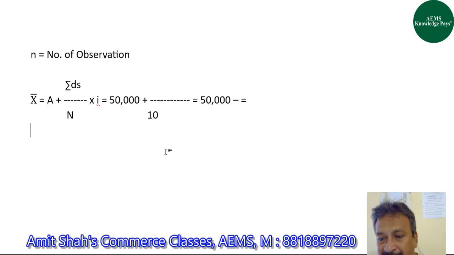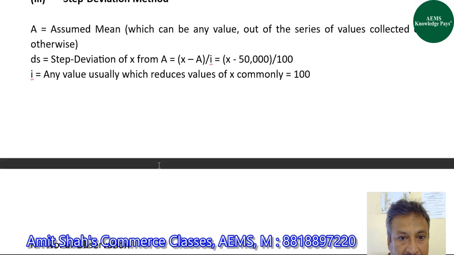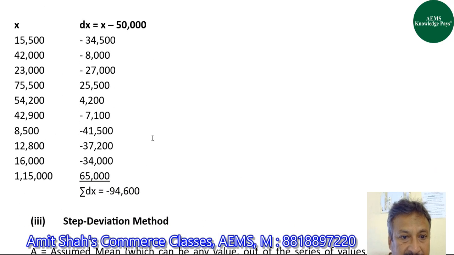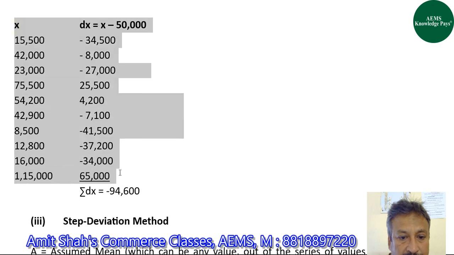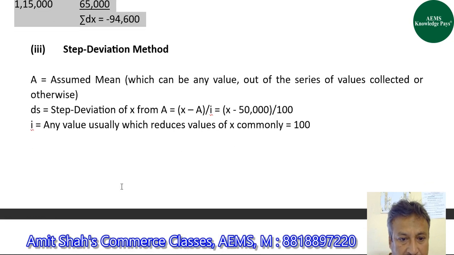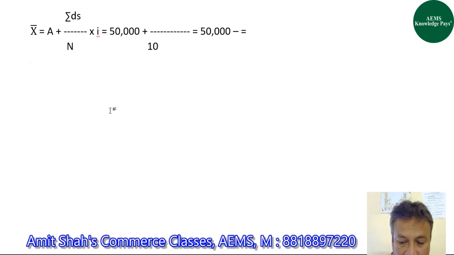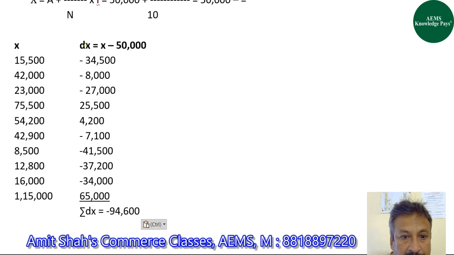And for that, first we need to calculate ds. ds is x minus the assumed mean, that is 50,000, divided by 100.